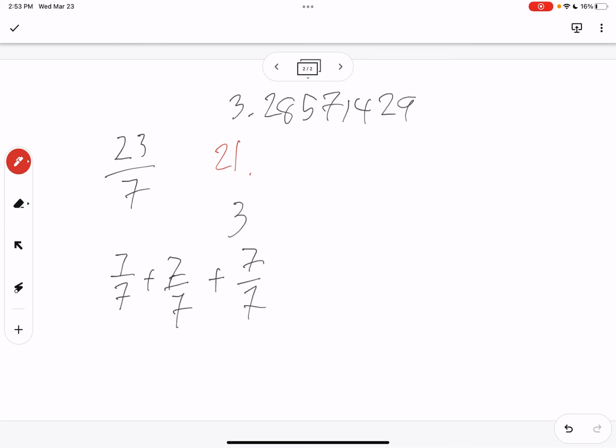So what's my remainder? 23 minus 21 leaves me with a remainder of 2. So I put that as my numerator. My denominator is 7. And since that's the whole fraction, I put that there. 3 2/7.